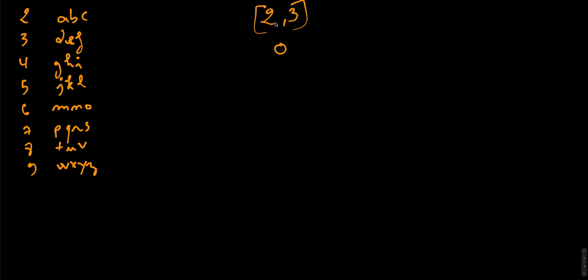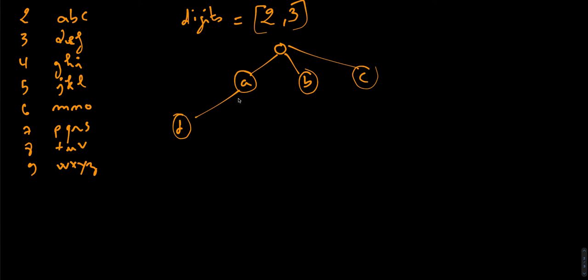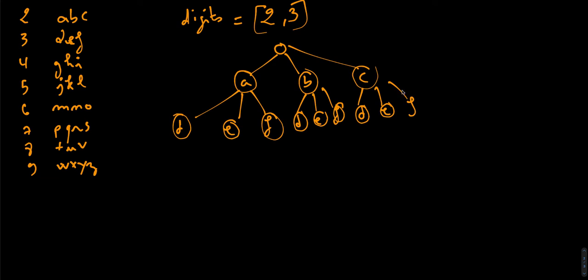For this kind of digits, first we have 2, so we could have an A or a B or a C. And for A, now we are at the 3 digit, we'd either have a D or an E or an F. Same here, and same here.